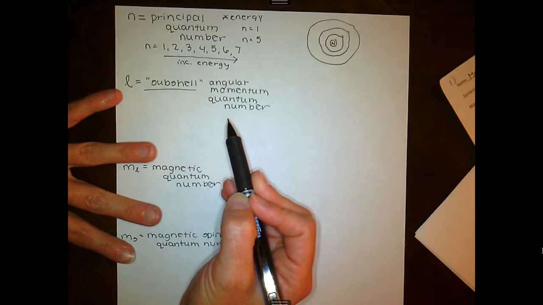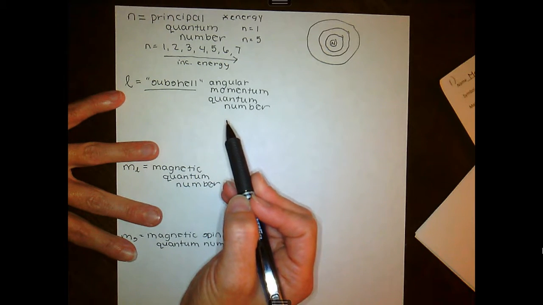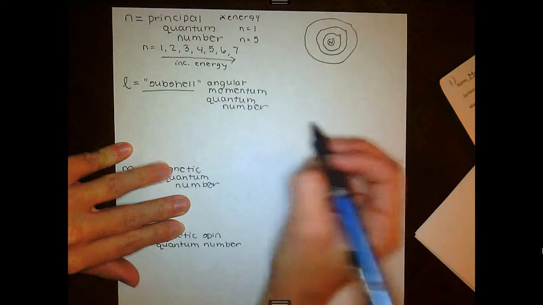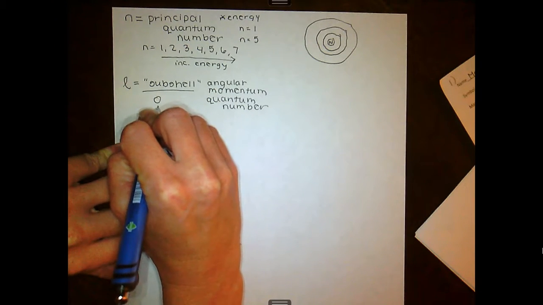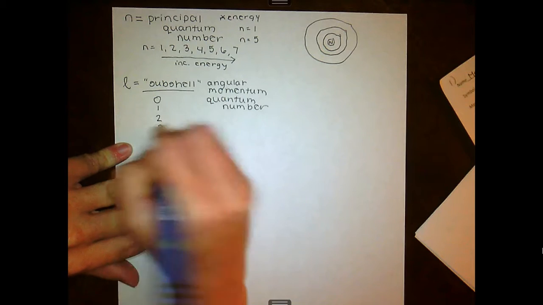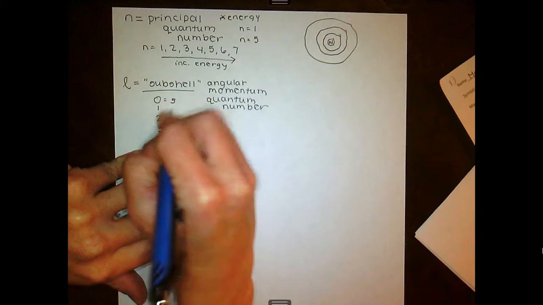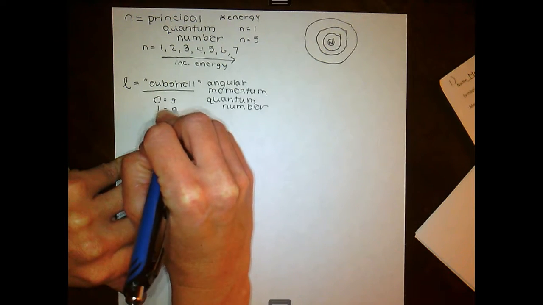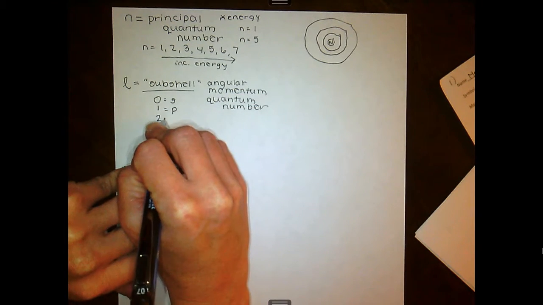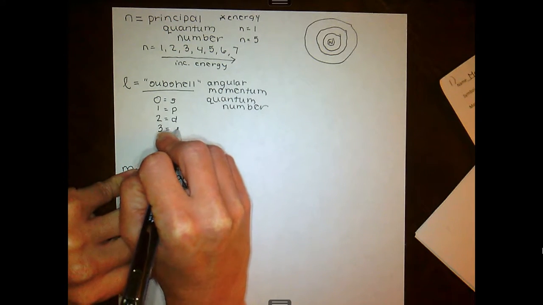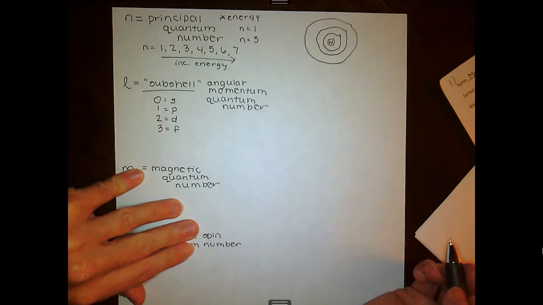You've got four possible subshells that we will talk about in honors chemistry, and they are given a value of 0, 1, 2, or 3. The first subshell, 0, represents S. The 1 represents the P subshell, 2 represents the D subshell, and 3 represents the F subshell.